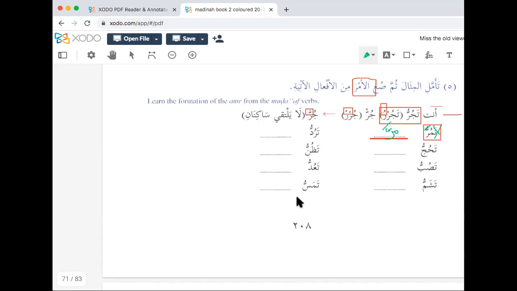So murra from marra yamurru means to pass by. A number of times you'll find in some hadith where they say marra an-nabiy sallallahu alaihi wasallam, the Prophet passed by a group of people or passed by someone. Let's see if I can quickly find a hadith with that wording in it.